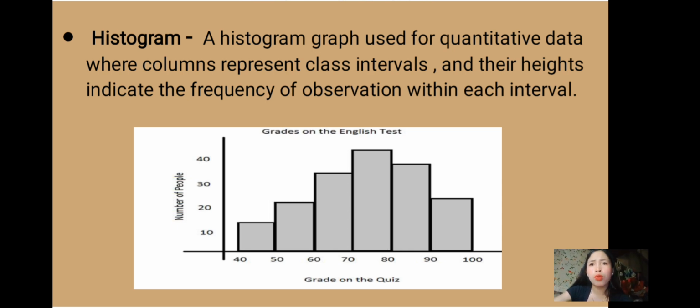Then, number of students 10 to 40 students who only have a score of 40 is only 15 students, and only have a score of 50 is only 20 students, and the 60s is only 30 students, and 40 students who have a score of 70 to 80, and so on and so forth.